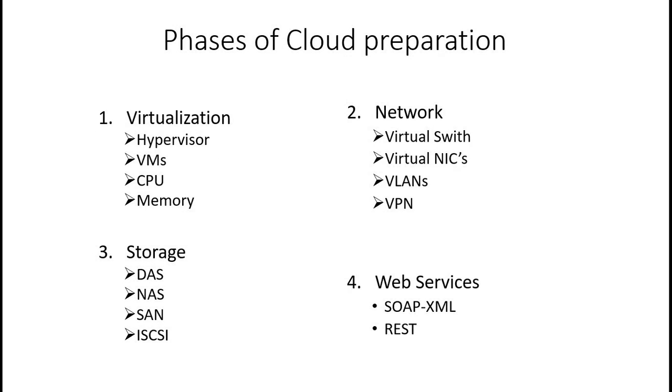Now, for each of those things, what are the phases of cloud? For virtualization, you need a hypervisor, VMs, CPU, and memory. I have written VMs. VMs is not particularly a part of the phases, but I have written it here because you have to count the number of VMs, and their requirements, and you have to see if you have the CPU and memory as per the requirement of the VM.